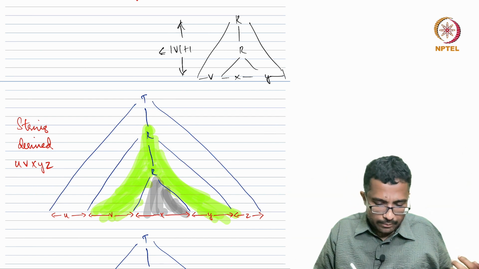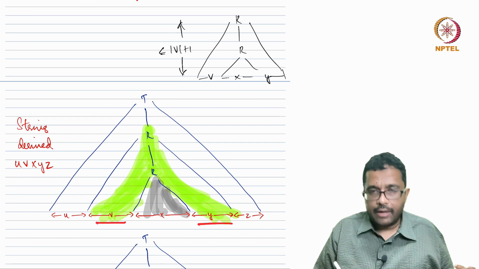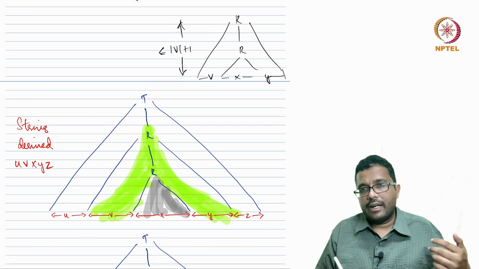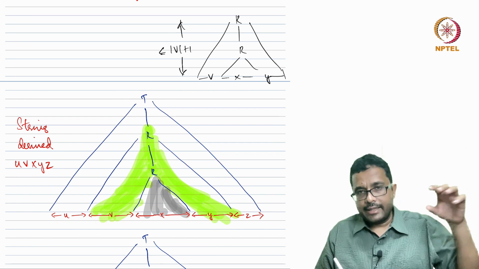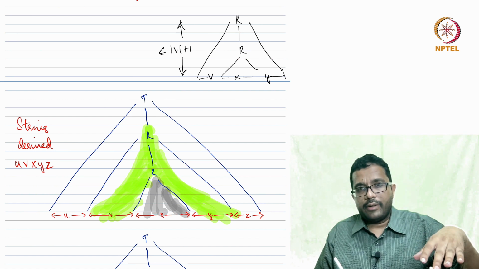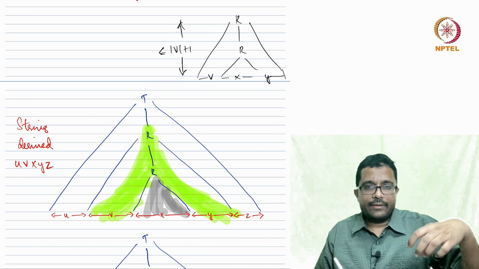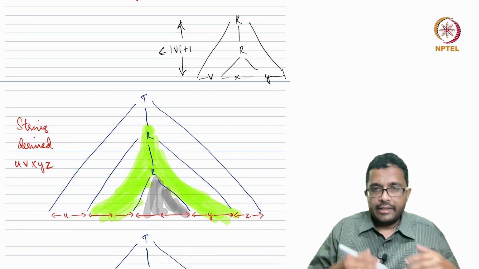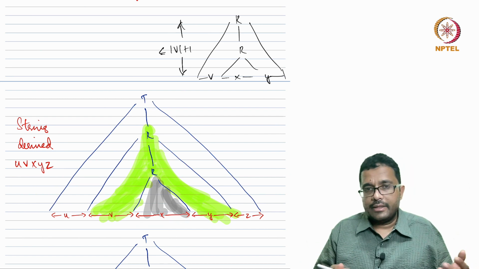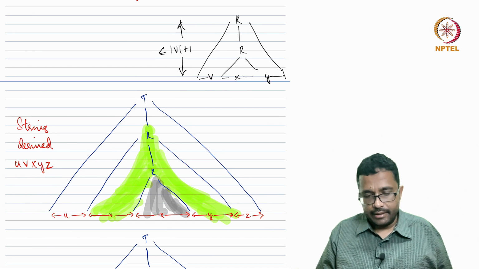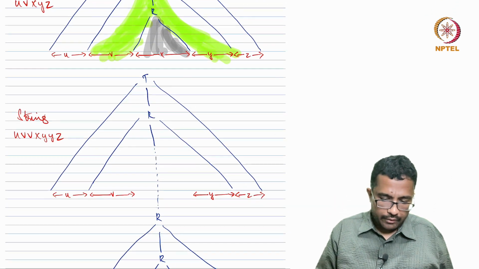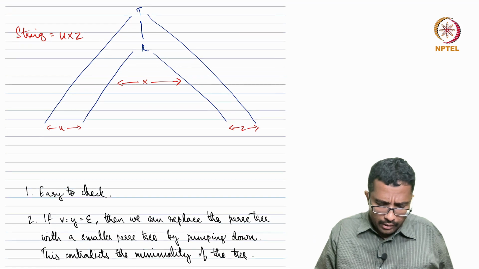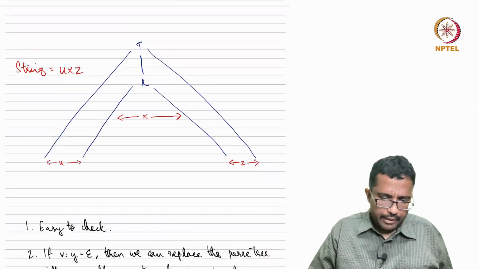The string that comes before is v and the string that comes after is y, so r derives v, r, y. And finally, the string derived by the second occurrence of r is x. This defines the five strings u, v, x, y, and z, and the three conditions we also verified. And that is the proof of the pumping lemma.